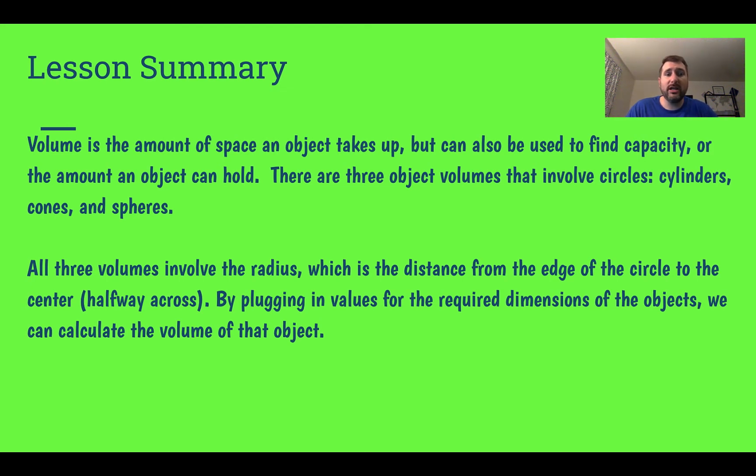By plugging in values for the required dimensions of the objects, we can calculate the volume of that object, or if we were given the volume, we could plug that in and calculate other missing dimensions, such as the radius or the height. Either way, the trick to the volume is knowing which object you are trying to calculate the volume of and choosing the correct formula that goes with it.